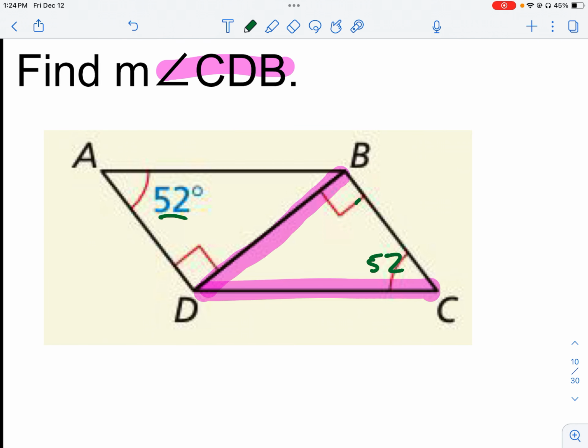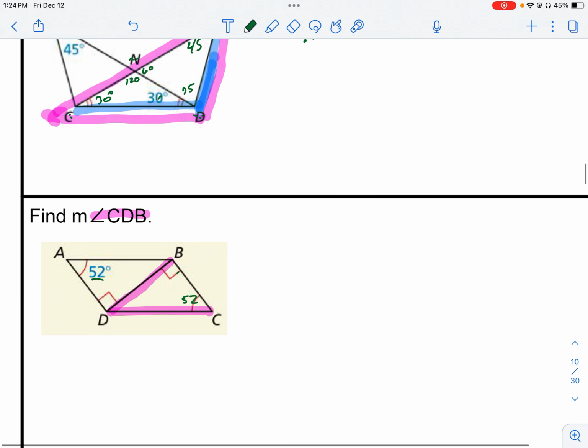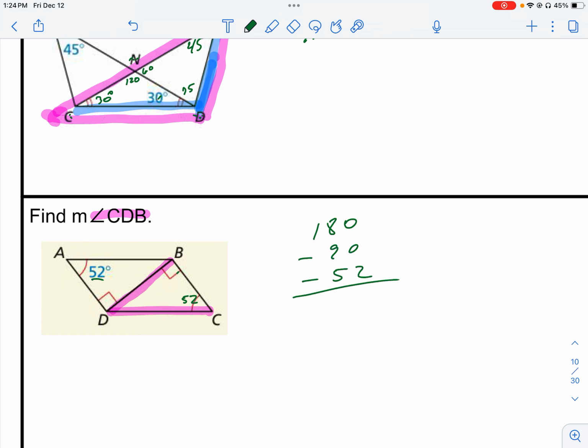We have 90 and 52, so 180 minus 90 minus 52 is going to be 38 degrees.